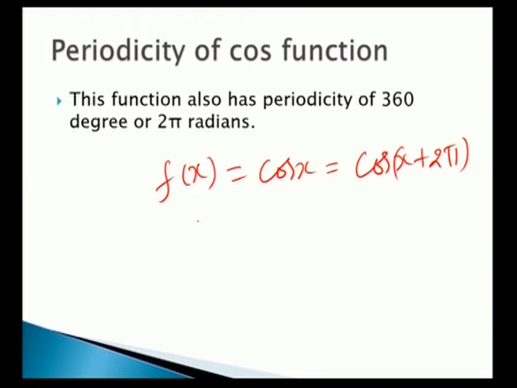In general, we can write this as cos x is equal to cos of x plus 2n pi, whether this is 2 pi, 4 pi, like that. For every period, every 2 pi, this cos function repeats itself. This is how periodicity of cos function can be learnt.